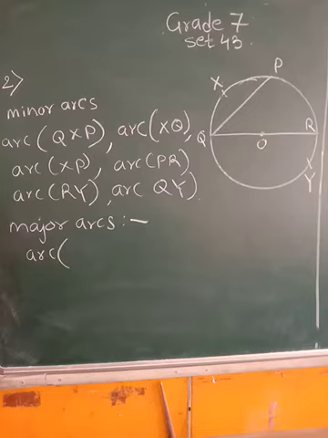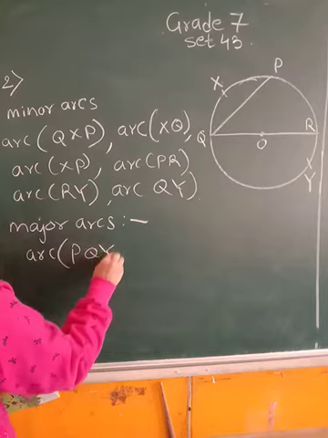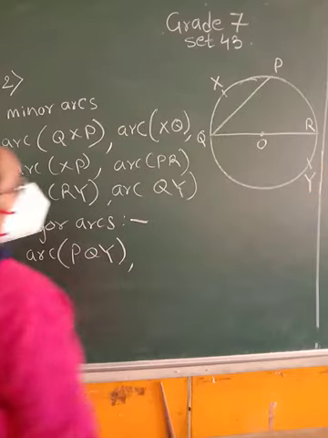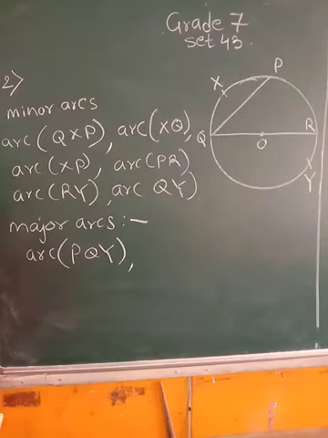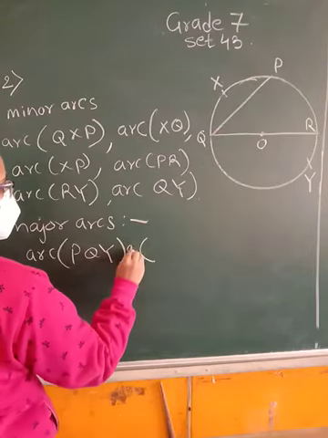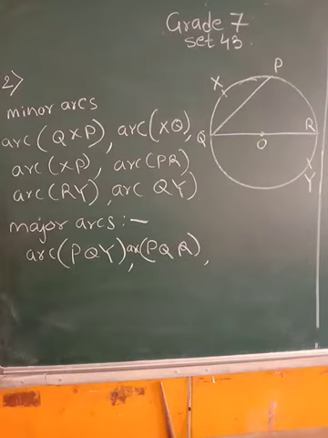So we have PQY as the first major arc, from here to here. Then we can also take PQR. See, P, Q and R. That is also a big one. Okay, PQR.